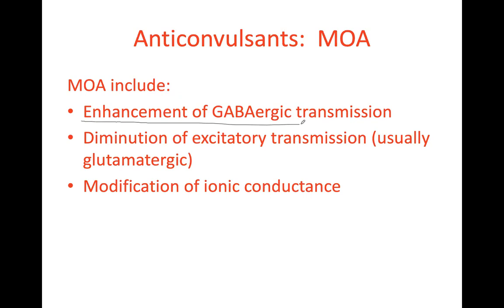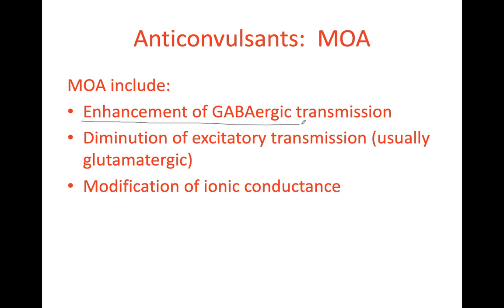But the net effect is an enhancement of the inhibitory transmitter. Makes sense. We think of a seizure as being an excitatory effect, so we would want something that puts the brakes on. We also see some of these drugs may decrease excitatory transmission, usually glutamatergic. So a lot of them will inhibit the glutamatergic activity.